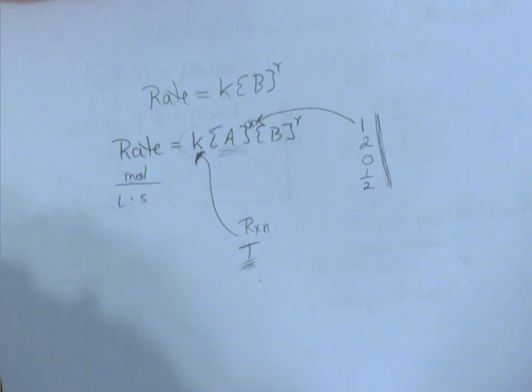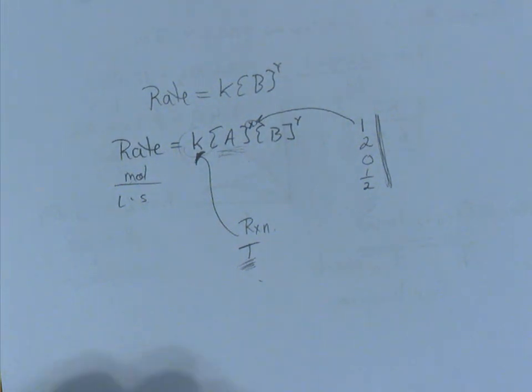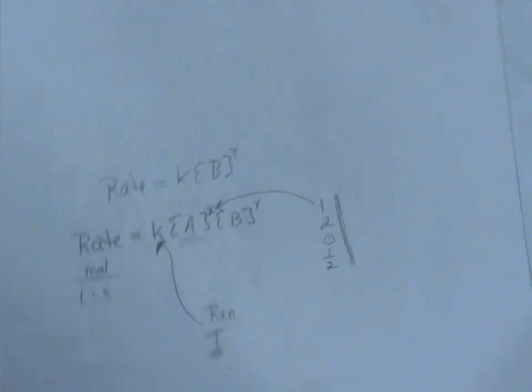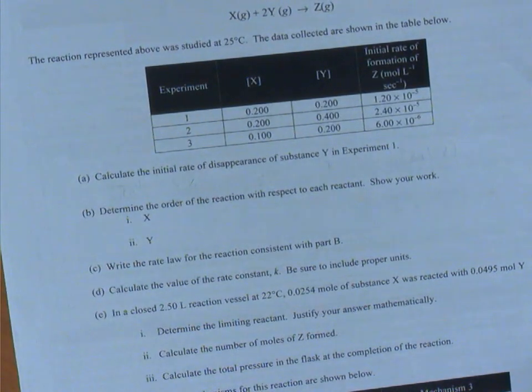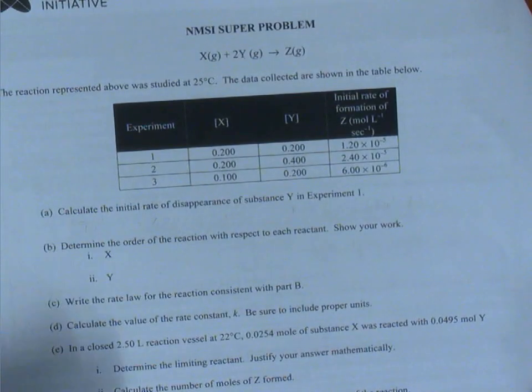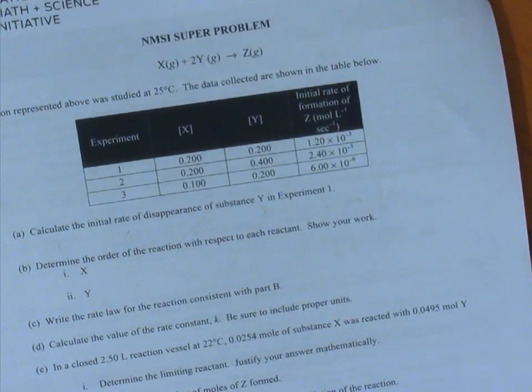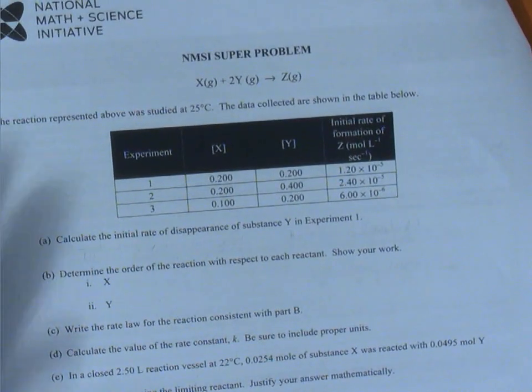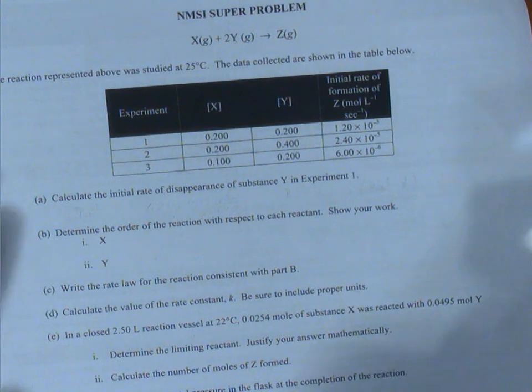All right, so I thought it would probably serve us best if we actually went through a problem to convey the rest of our review to us. So if we take a look at this example problem, this is actually from the NIMSY review packet. They call it a super problem because it's hitting a lot of the aspects within this concept.